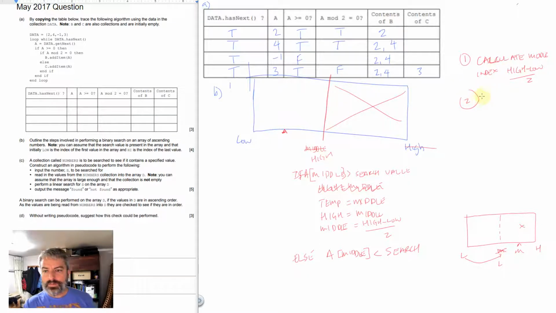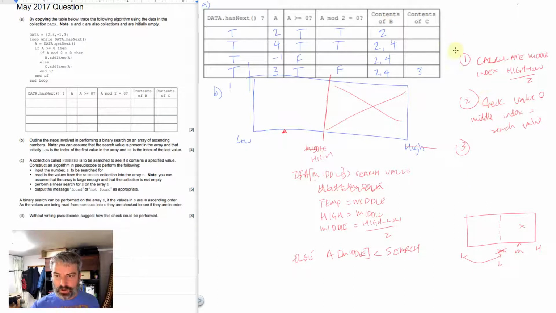Then we should see if the value at the middle index is equal to the search value. Because if it's equal to the search value, then it's game over. We don't need to search anymore. If it's not, then we need to do these two other options.